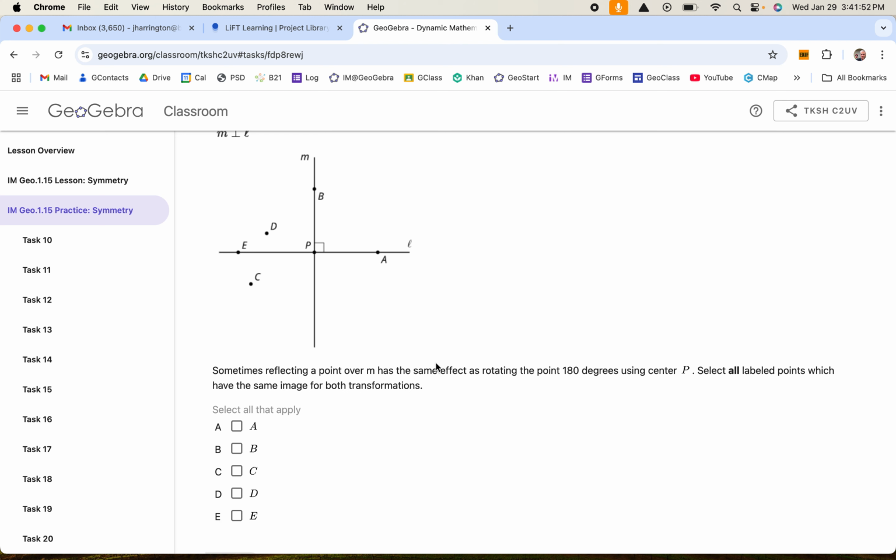So which points would fall into that category? You're just going to have to plug them through. I'm going to reflect this one across line M and see where it ends up, and then rotate that same original point. If I land in the same spot, then great, that's one of the points that works. If it doesn't, then it doesn't work. That's all you've got to do.